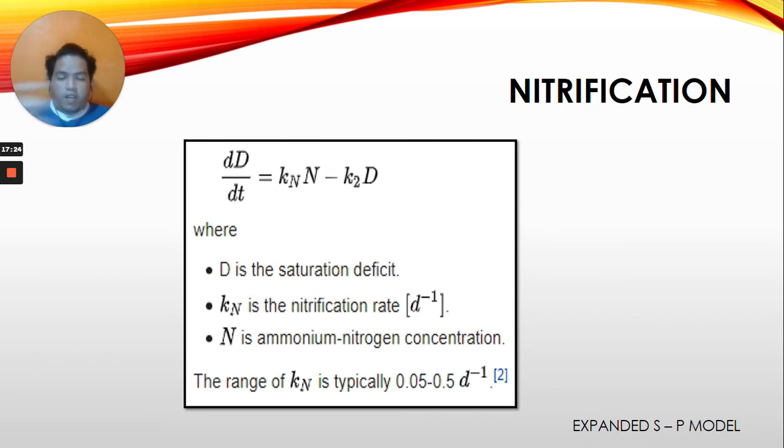So this affects the oxygen demand of the water body. Therefore, the formula is: dD over dt is equal to k sub n times n minus k sub 2 times D, where D is the saturation deficit, kn is the nitrification rate, and n is the ammonium nitrogen concentration.